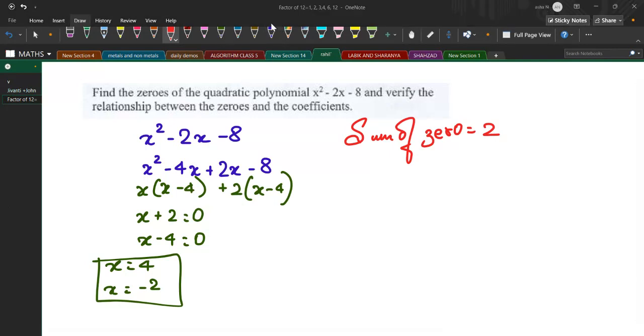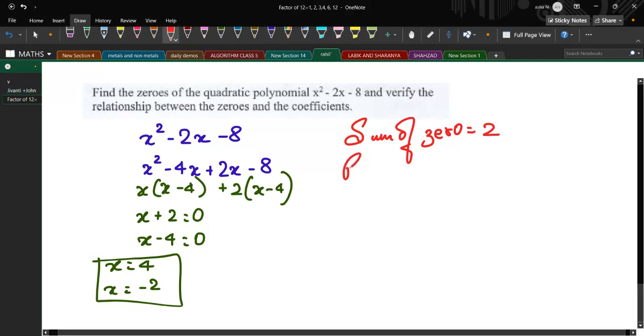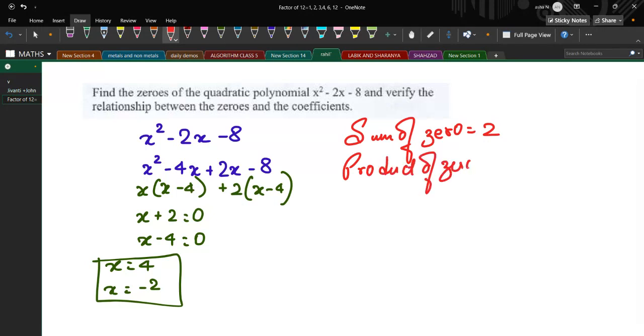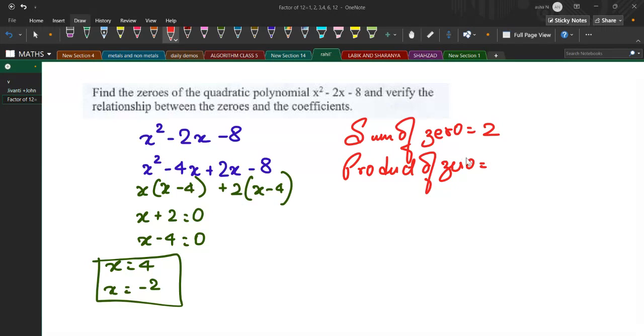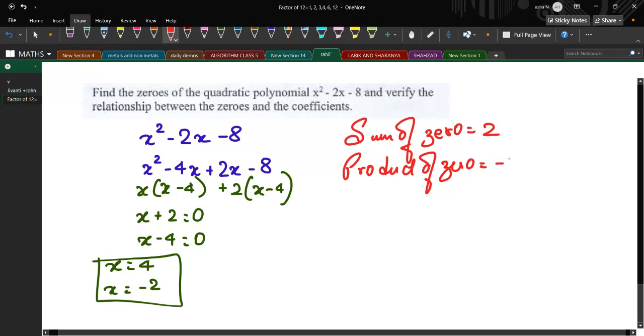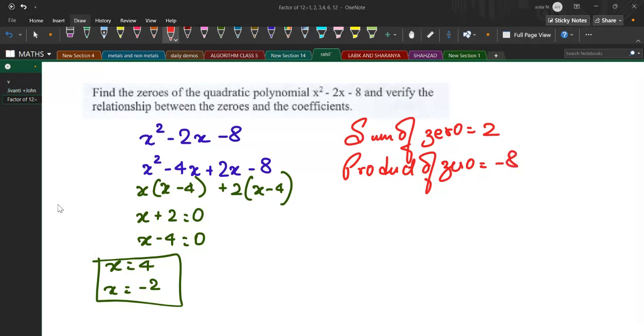Positive 2. Then the product of the zeros is minus 8. So is it matching with the coefficients? Yes, it is verified. It matches the coefficient relationship here. Hence it is verified. We can conclude here.